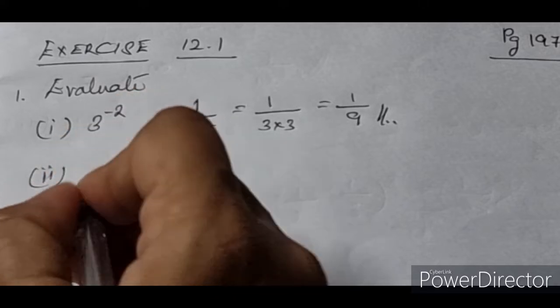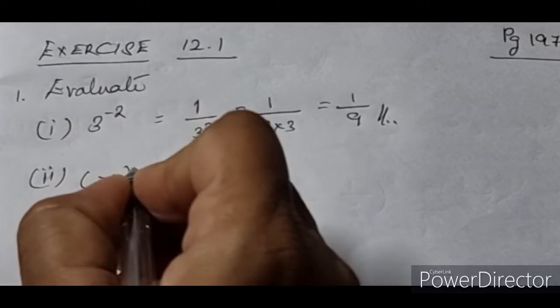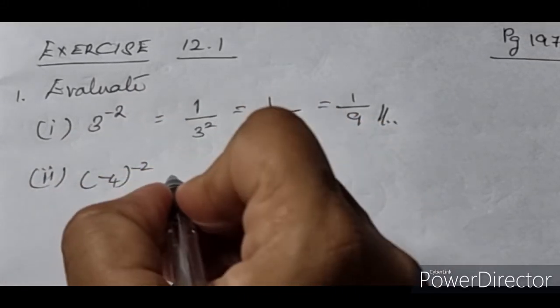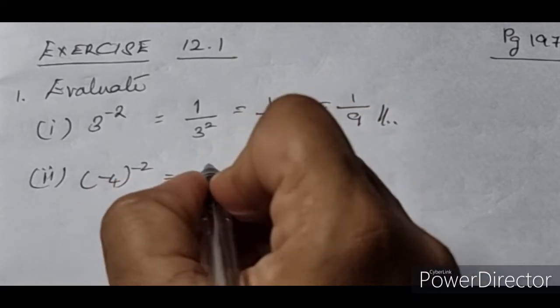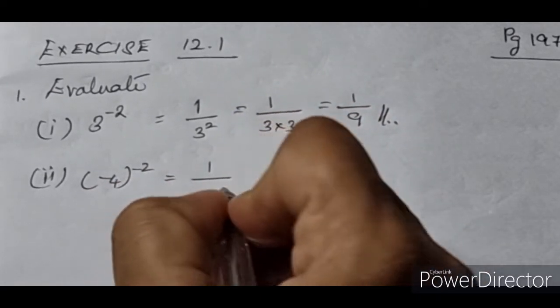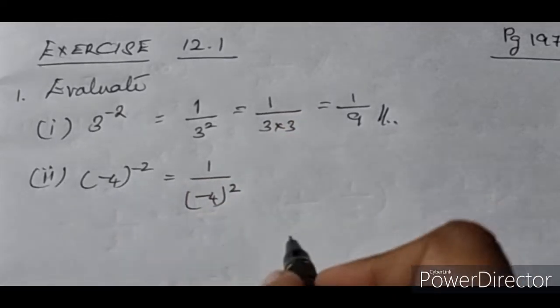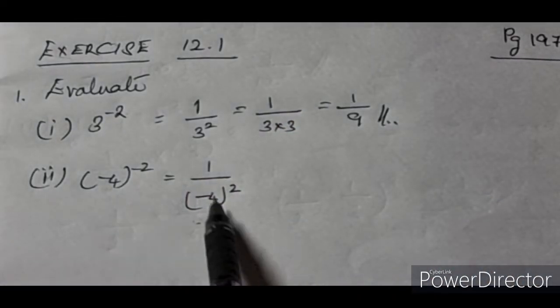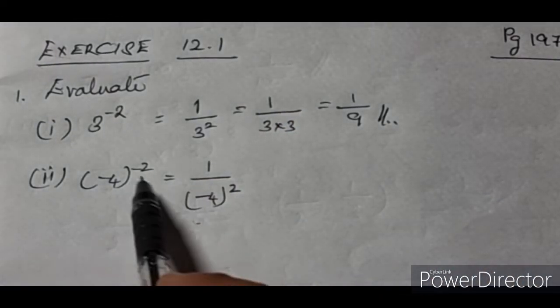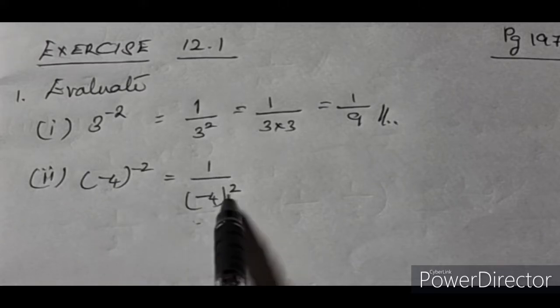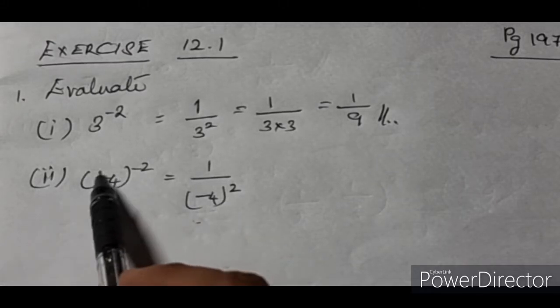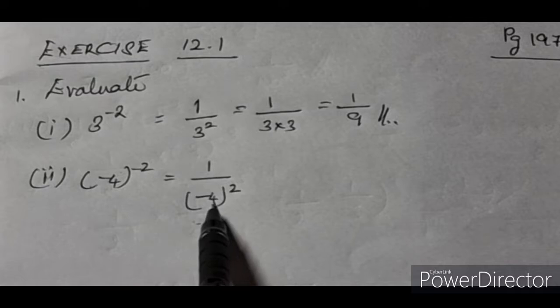Subdivision 2: minus 4 to the power of minus 2, which can be written as 1 by minus 4 to the power of 2. Here I am just doing a reciprocal and making the minus 2 power as plus 2, whereas the number will remain the same.